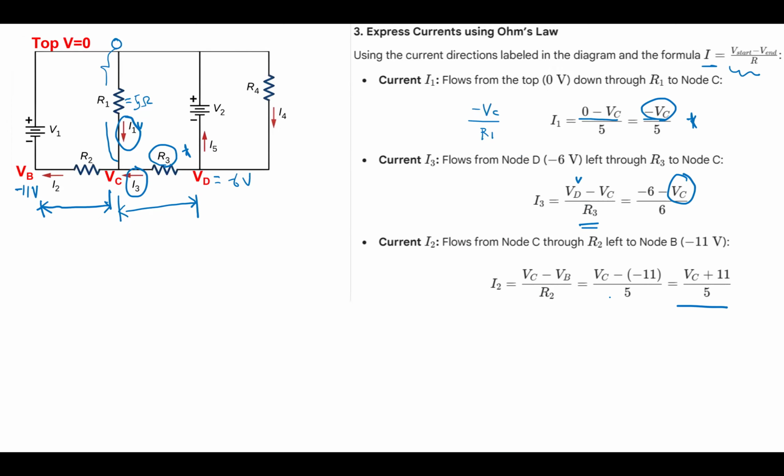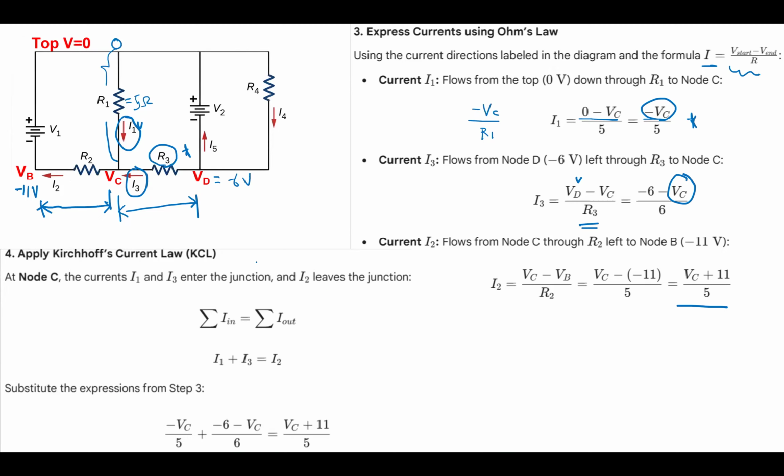And then what we want to make sure is that we are going to apply Kirchhoff's current rule. So incoming is going to be outgoing. So in this case, I1 and I3 are incoming. I2 is the outgoing. So if you do the same thing here, then everything is changed into VC, okay?